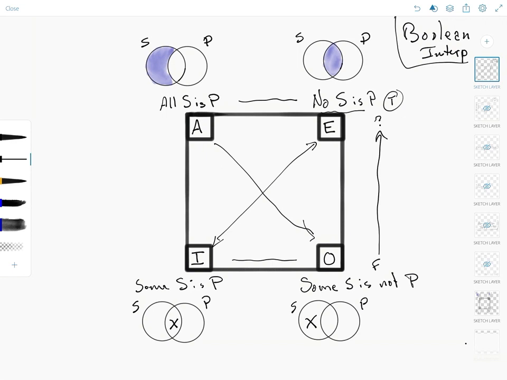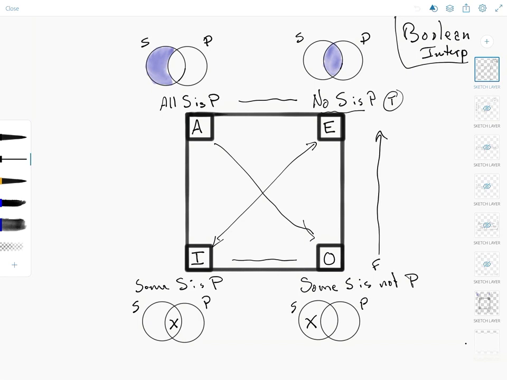It is possible that there are no S's, in which case both the contraries are true. But if that's the case, then we can't reliably go from knowing that the particular is false up to the falseness of the corresponding universal, because it might be the case that both universals are true, in which case we have no S's.